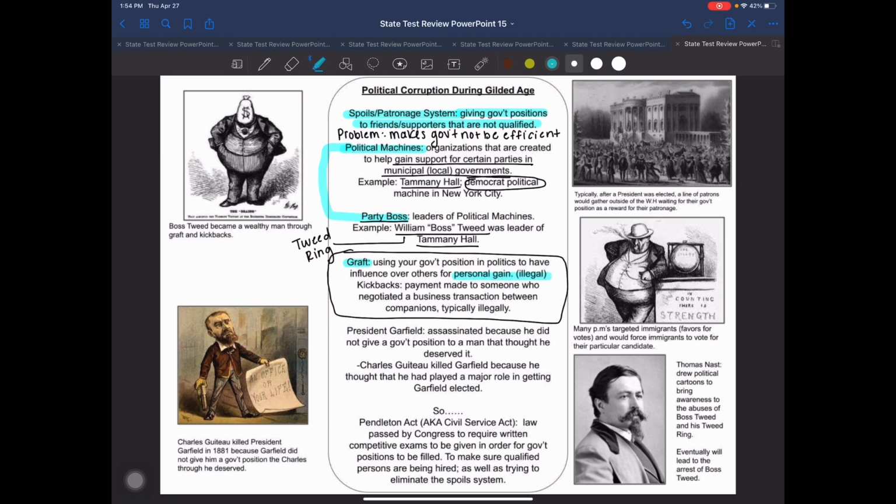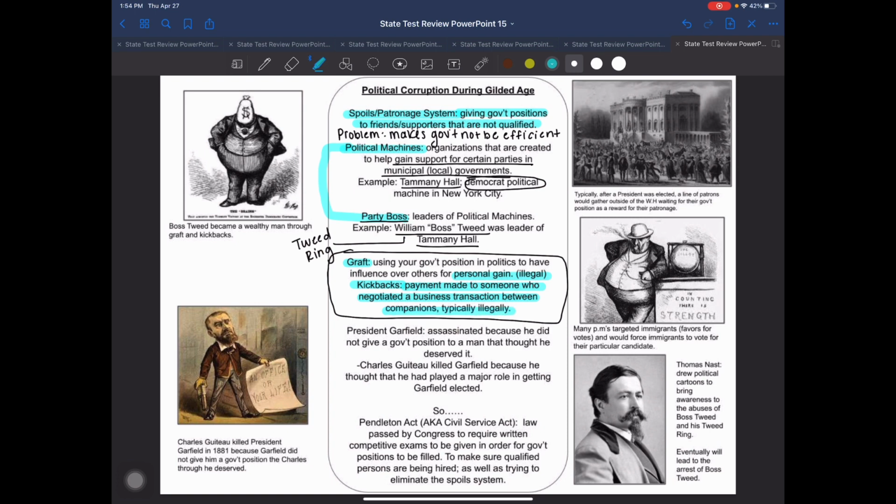Now, a form of graft is taking what's called a kickback. I'm going to go ahead and highlight this whole definition. This is payment made to someone who negotiated a business transaction between companies, typically illegally.